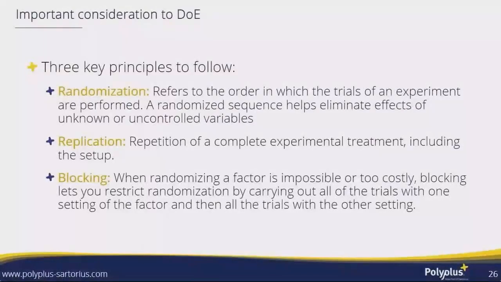First of all, everything has to be randomized, meaning that to ensure the validity of your result and avoid any unwanted effects that could muddy your interpretation, we will work with a randomization of every experiment that is done. That really allows us to eliminate all effects that are unknown or uncontrolled in our experiment.